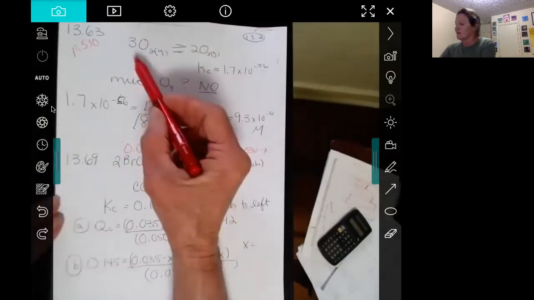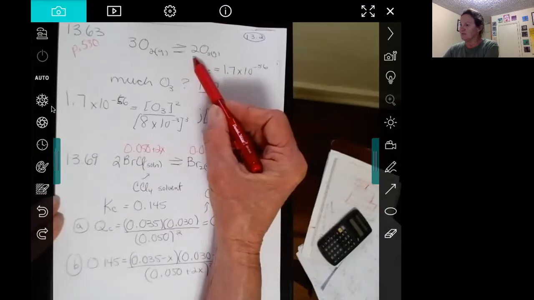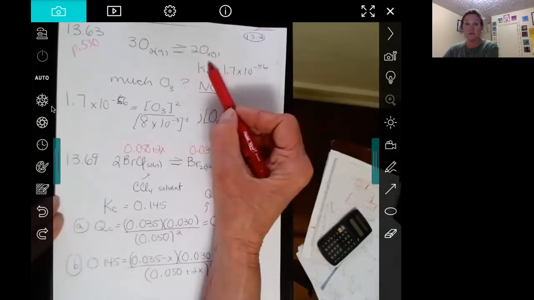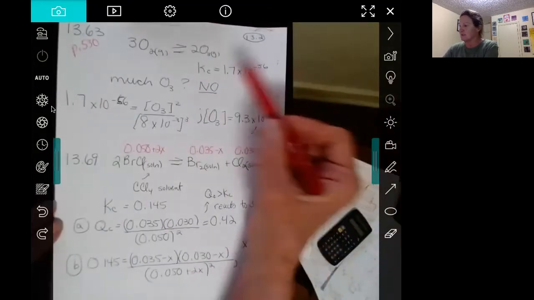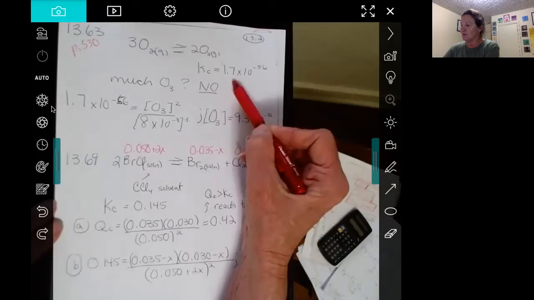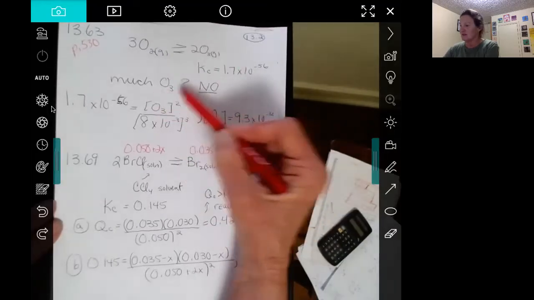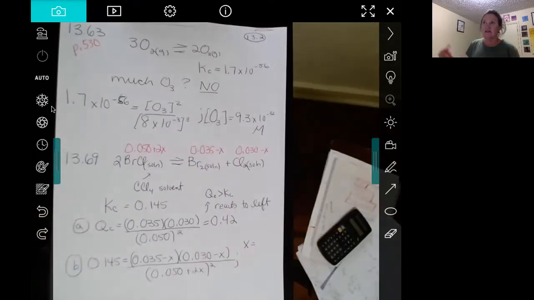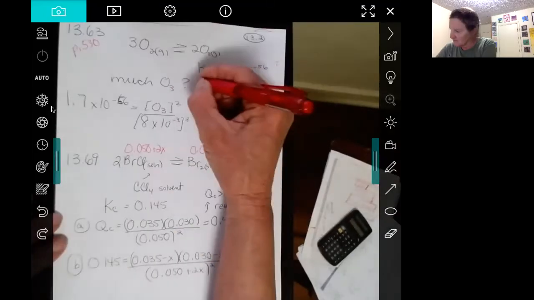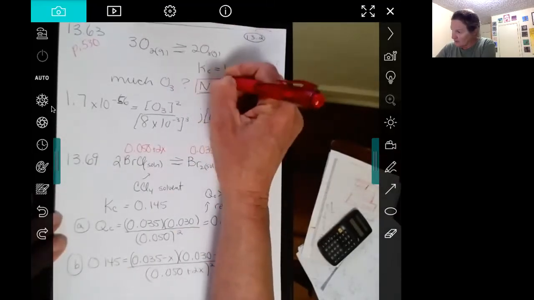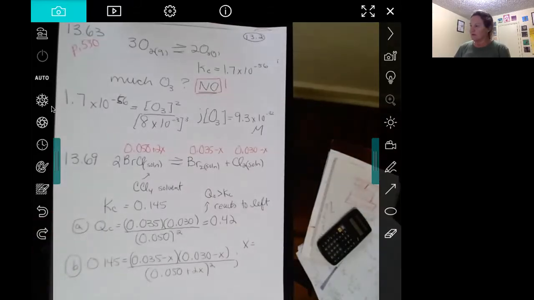So that's 3O2 in equilibrium with 2 moles of O3. And it asks you, if this is the Kc, 1.7 times 10 to the minus 56, do we have much ozone present in our atmosphere in equilibrium with O2? And the answer is no, with an exclamation point.